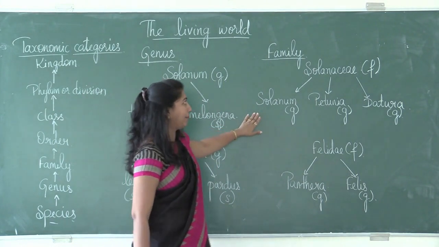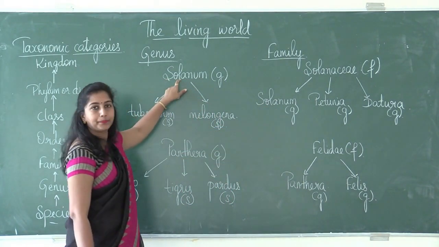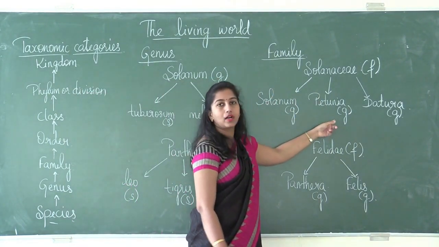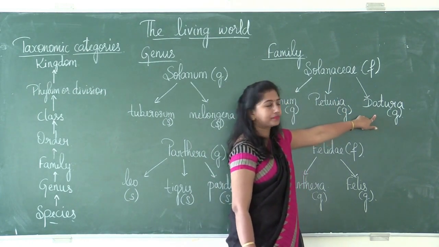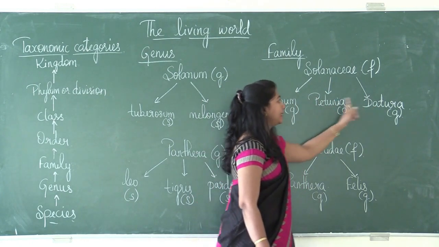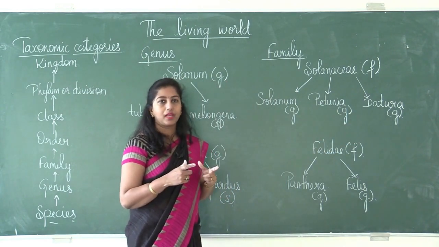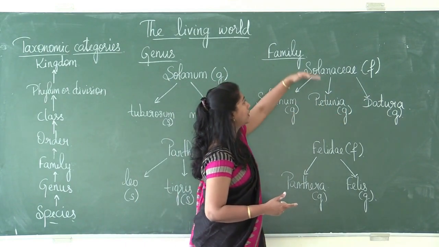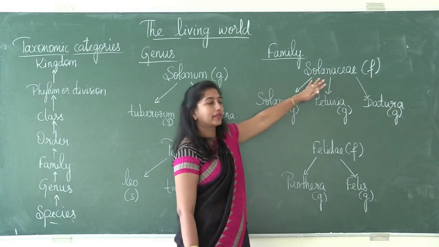Now we'll take an example here. We studied the genus Solanum. In the same way, there is another genus called Petunia, and another genus Datura. These three genera have many similar characters. Because of that, these three genera are put under one family which we call Solanaceae.